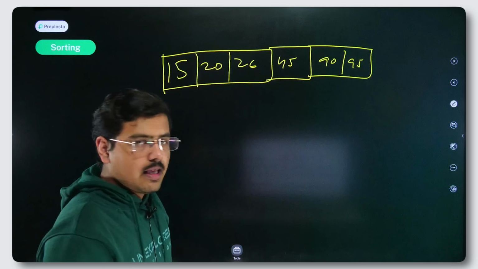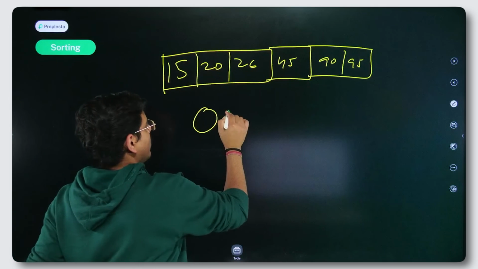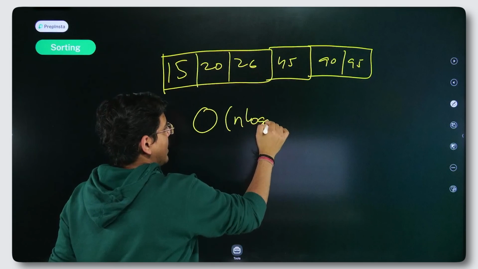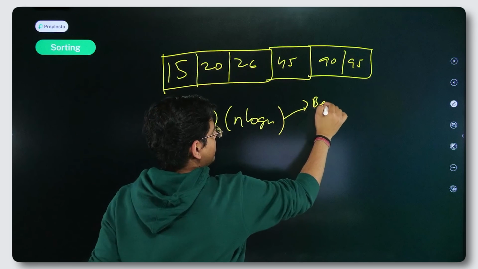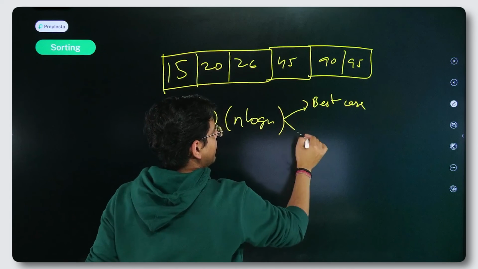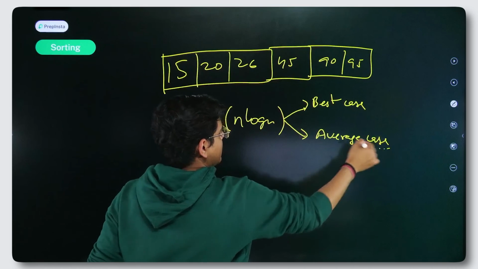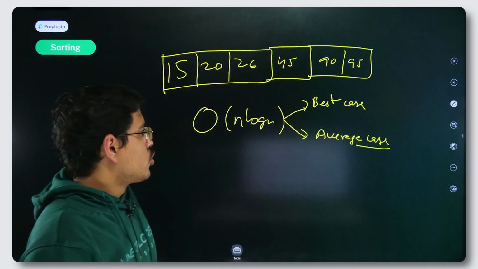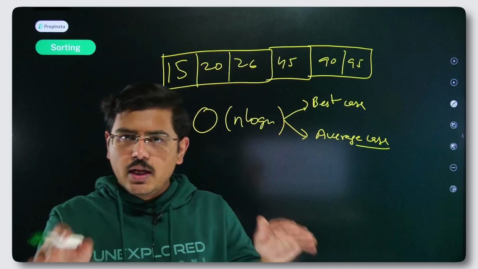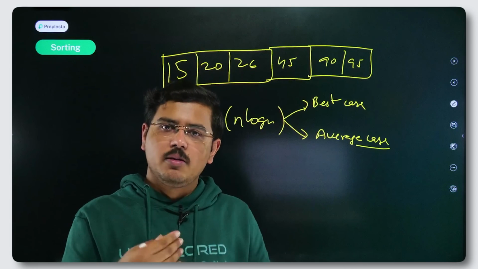Now, in this case, quicksort has order of n log n as its best case and average case time complexity. Okay. So why is it so? Because you are partitioning, and every time you partition, the sorting becomes easy.